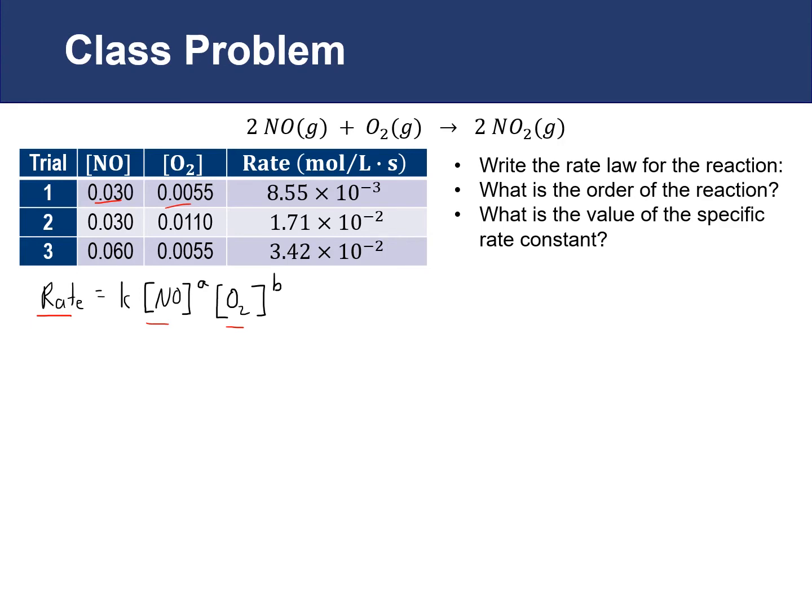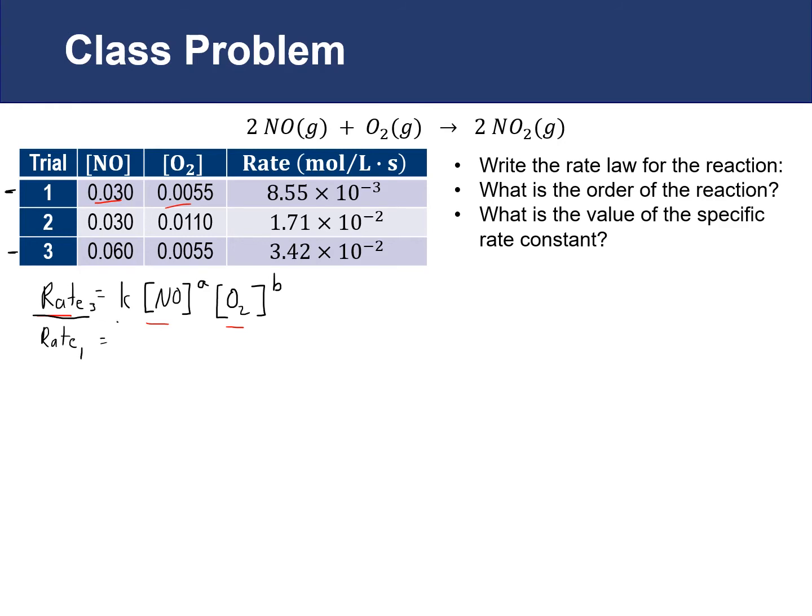Okay, so if I look, trial 3 and trial 1 have NO changing value and O2 staying the same. NO goes from 0.03 to 0.06, and O2 is 0.0055 and 0.0055. So those numbers are the same. So I'm going to divide the rate of trial 3 by the rate of trial 1.